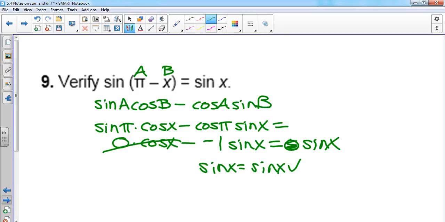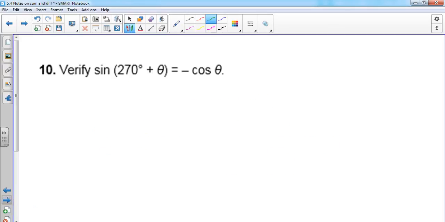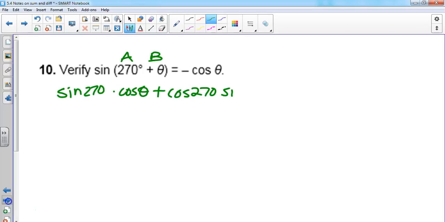Try the next one. Did I do that right? Sine cosine plus cosine sine?